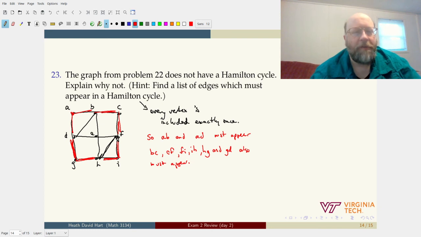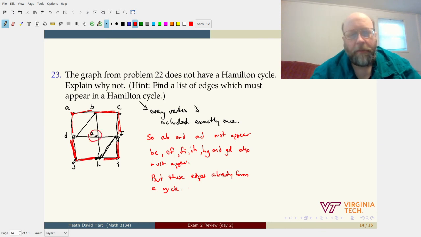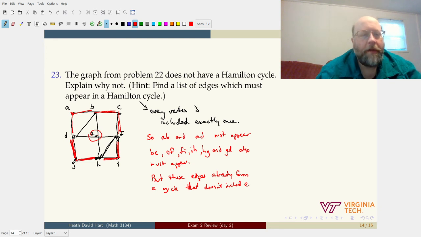But these edges already form a cycle. And we haven't included E. So it's a cycle that doesn't include E. And there's nowhere to connect E. If I connect E up to B, then this vertex has a degree of 3, and that's not a cycle anymore.